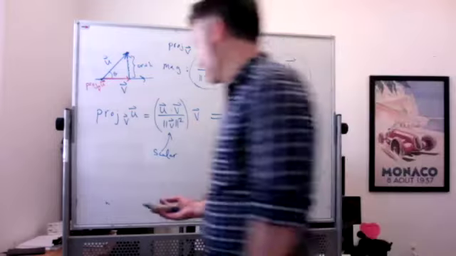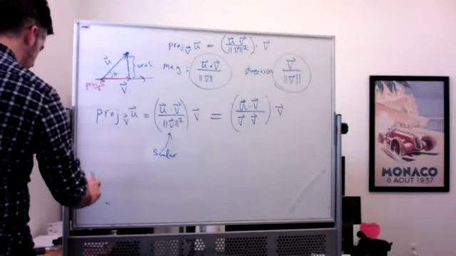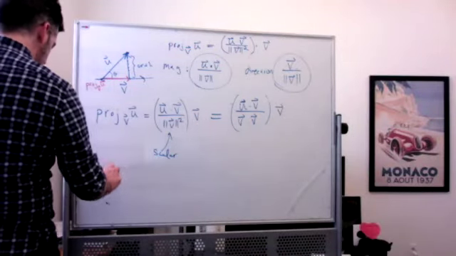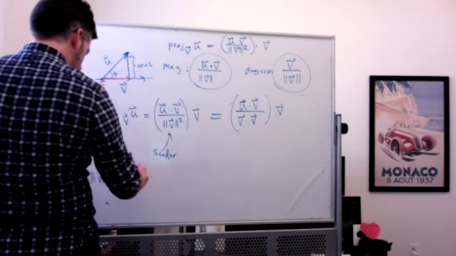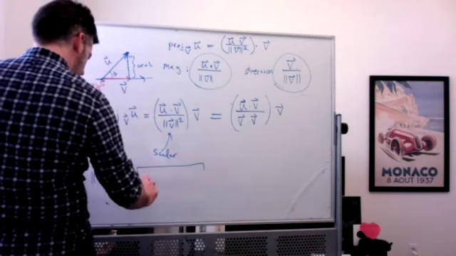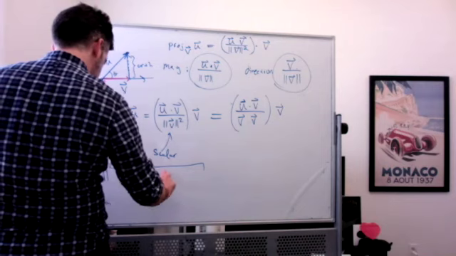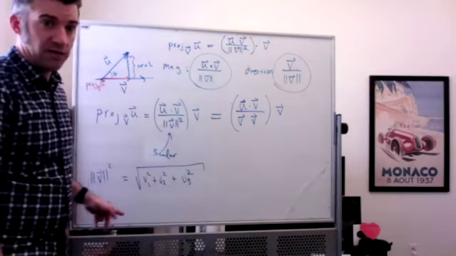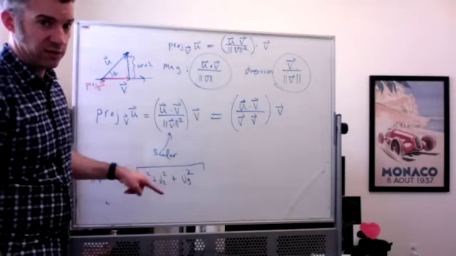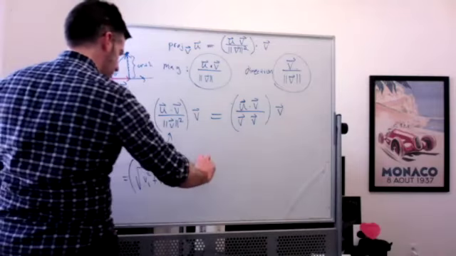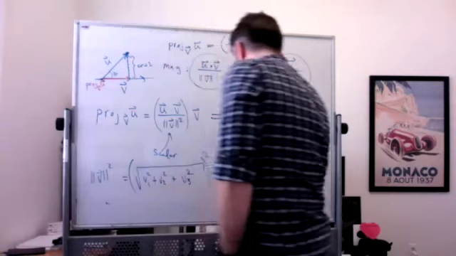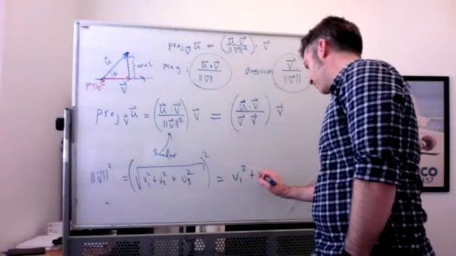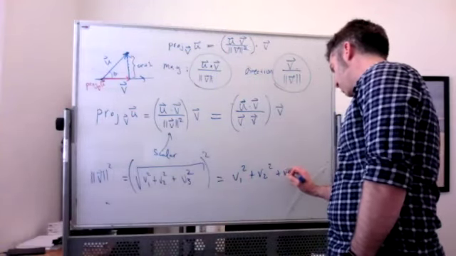Let's check that out. The magnitude of v is the square root of the components squared added together. Let's say it's 3-dimensional. So the magnitude of v is the square root of v1 squared plus v2 squared plus v3 squared. And then if I square that, I just get v1 squared plus v2 squared plus v3 squared.